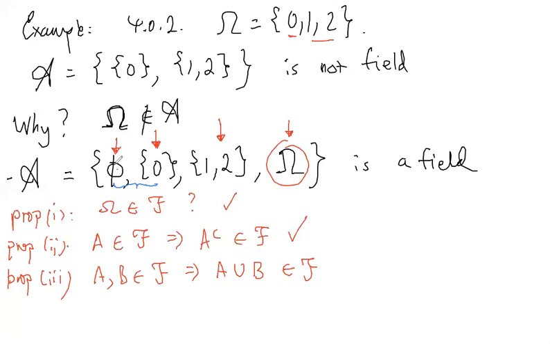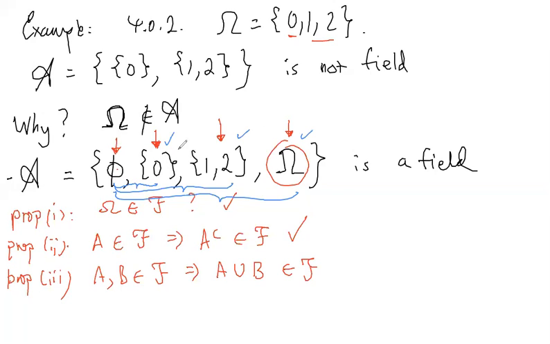So empty set union 0 is 0 itself, so it's inside, right? In fact, the first part of checking is trivial because the empty set union anything is the non-empty set itself. So checking this part is actually trivial, right? So you see that it's actually inside, inside, and inside.